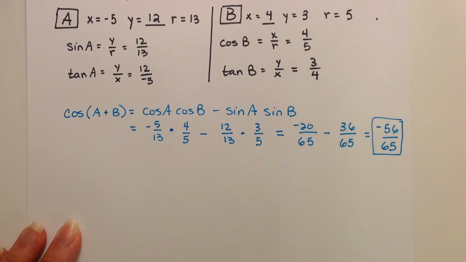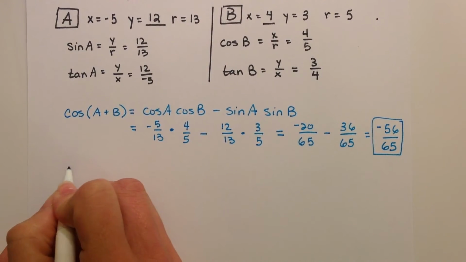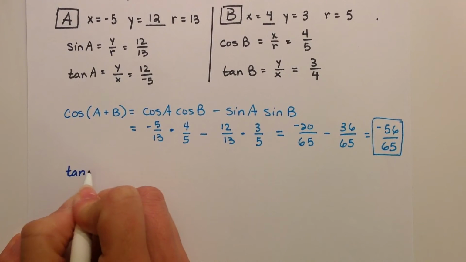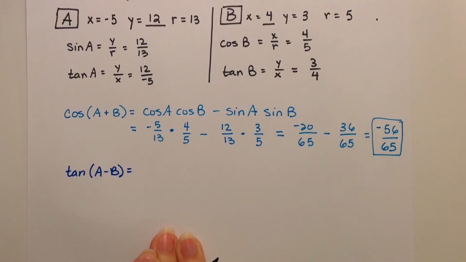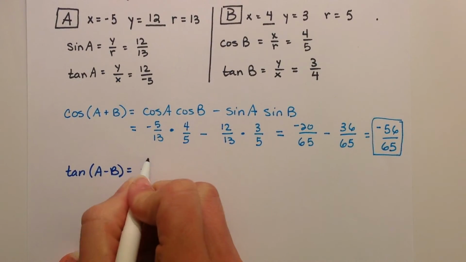Okay, next. The other item that you were asked to find was tangent of A minus B. Okay, so I'll just write down the identity again, just straight off the notes.